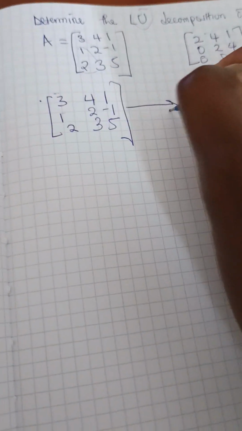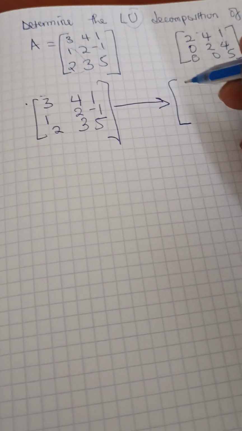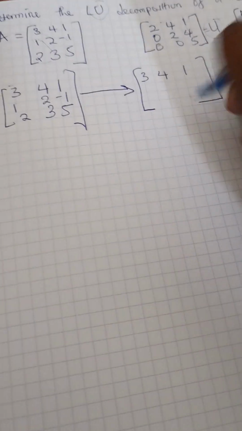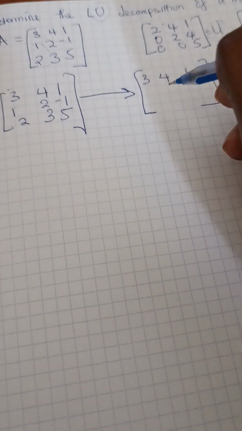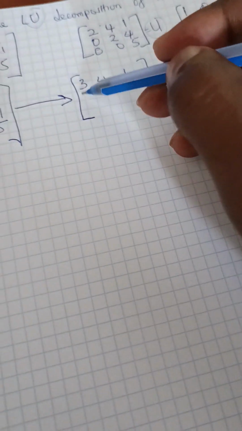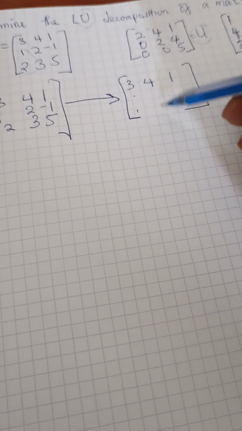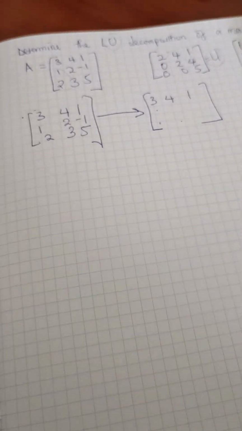How do we go about it? Mainly, our first row will not be touched. We shall only touch the second and the third row because our aim is to have 0 here, 0 here, 0 here, and then the rest can be digits that are non-zero.